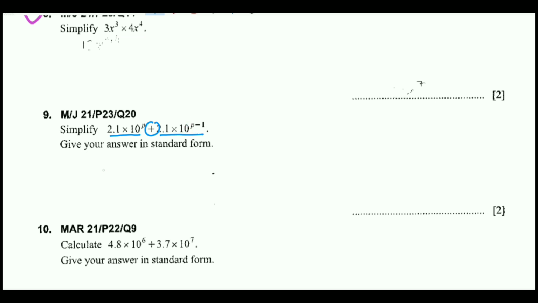So 2.1 multiply 10 raised to power p will remain as it is, plus, we have 10 to the p minus 1, and you have to add 1 to remove this one as well, right?